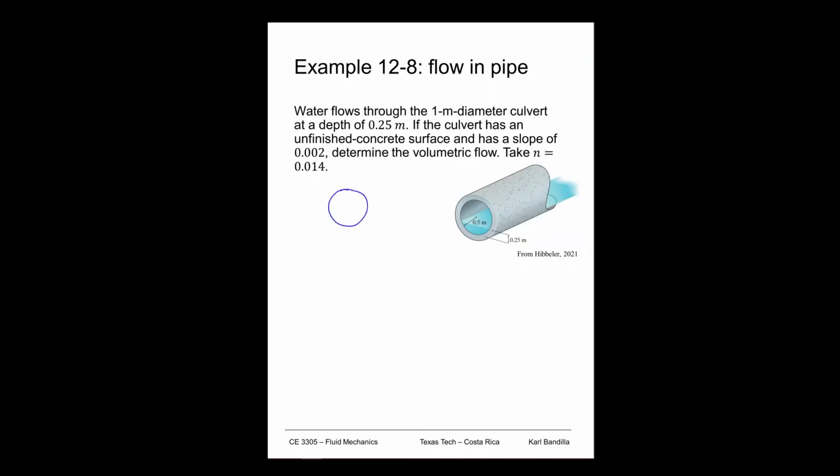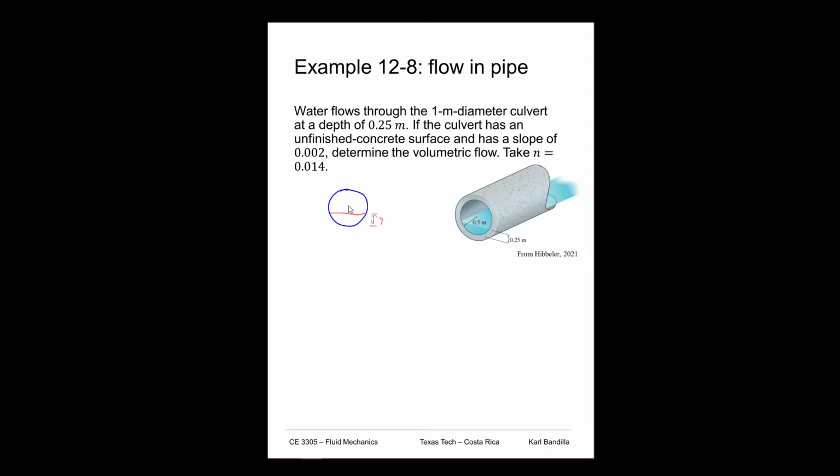Let's choose a different color. We know that we have our depth here, we'll call that distance y. Let's do an arrow here. This would be our depth y.